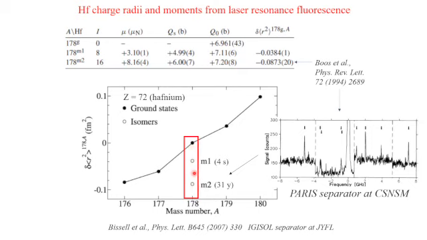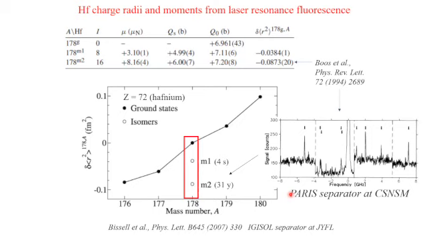This can be discussed qualitatively in terms of skin effects and the effect of pairing to sharpen up the surface, but it remains somewhat enigmatic, and it illustrates how if you can make beams of isomers, you can do rather fascinating measurements that are different from what you get with ground states.